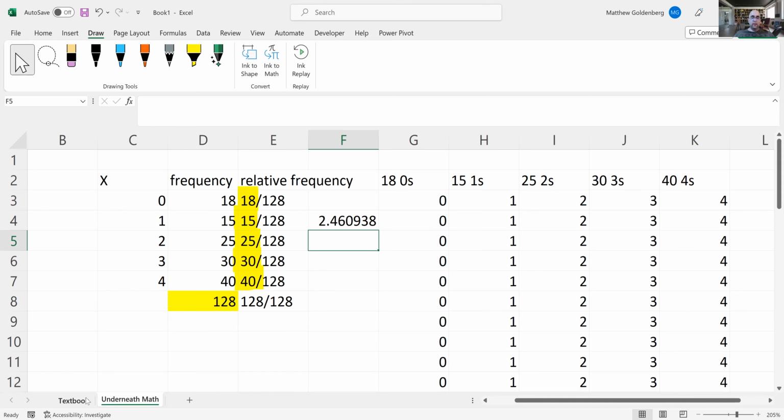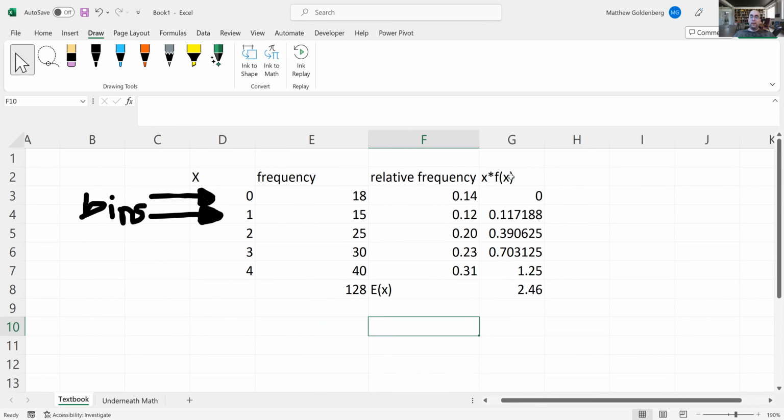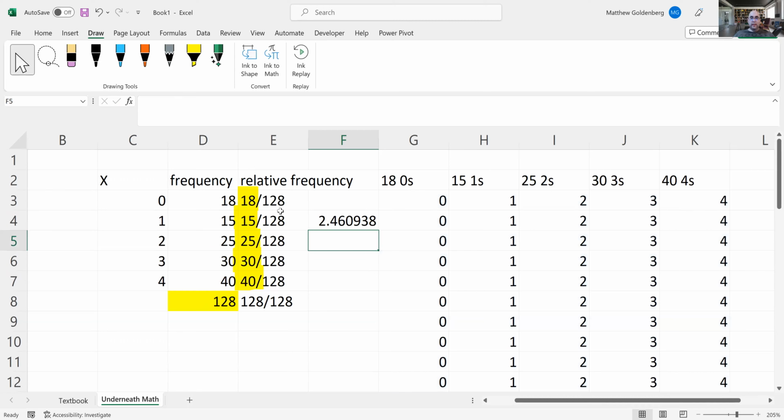So instead of doing x times f of x, I just said, okay, what this really is a relative frequency. You already know what that means. That has a frequency underneath it. That frequency is essentially saying you have a data set with 18 zeros, 15 ones, and so forth. So I've proven that expected value is really just your mean.